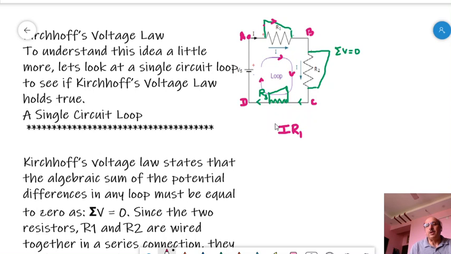So the sign will be negative. The second appliance is R2. Again, the current is flowing from higher to lower level, and we are going from B to C, that is from high potential to lower potential end. So it is negative I R2.